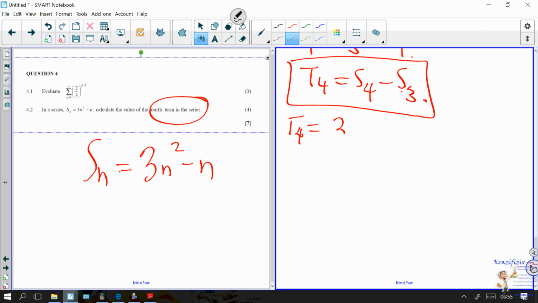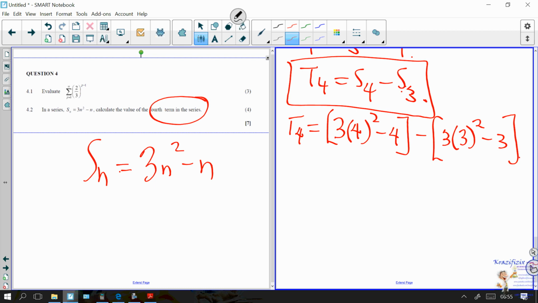So what do I have? 3, what is my n? 4 squared minus 4, that's my S4, minus 3 squared minus what? Minus n, which is 3. Okay, all right. So if you were to do this, 4 times 4 would give you 16.